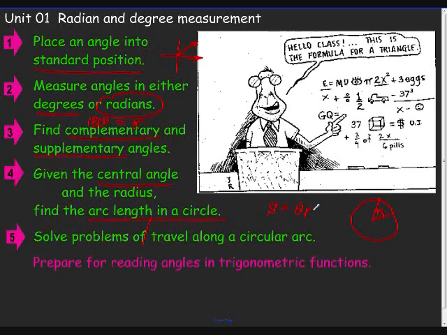Times the radius. It's very important that this measure has to be expressed in radians. Today we're going to work some more with this, plus we're going to go back to talking about measuring angles in degrees, because there's more we need to know about degrees than what we first learned in earlier courses.